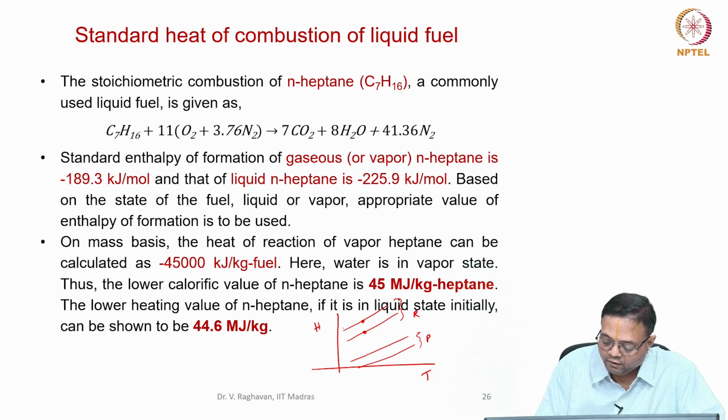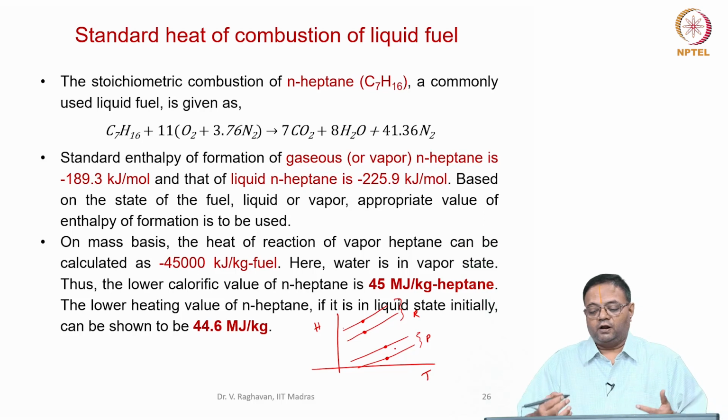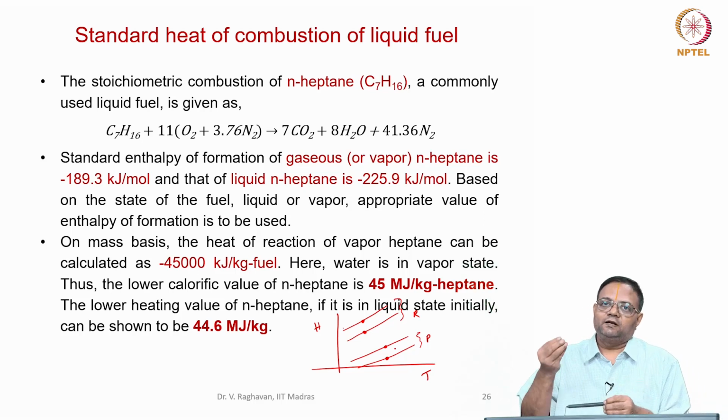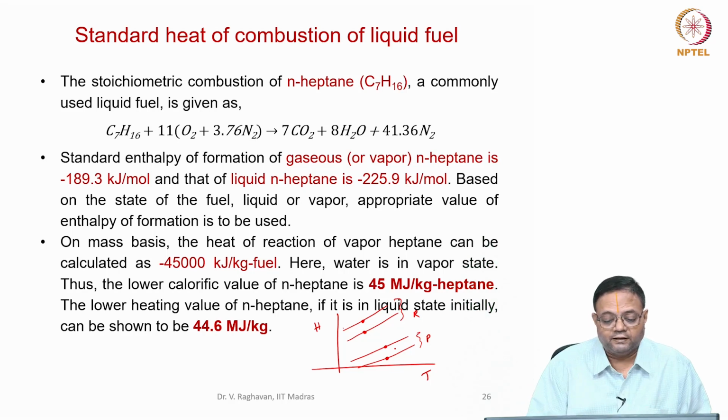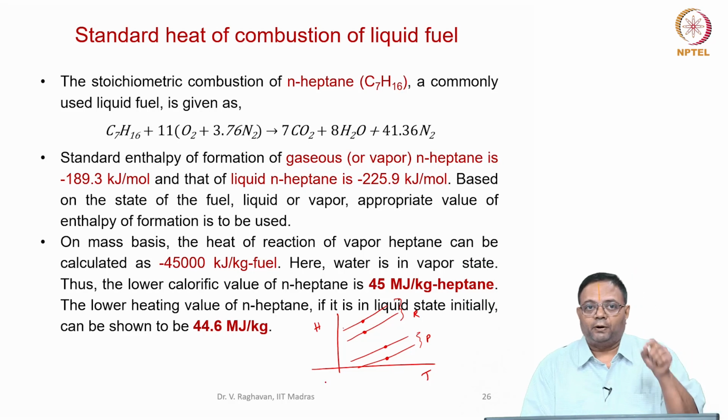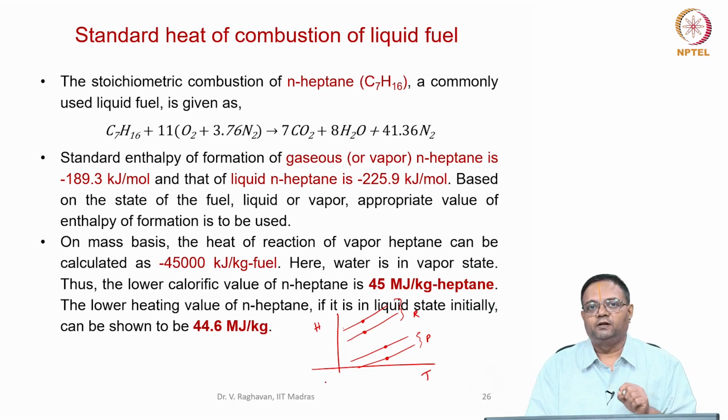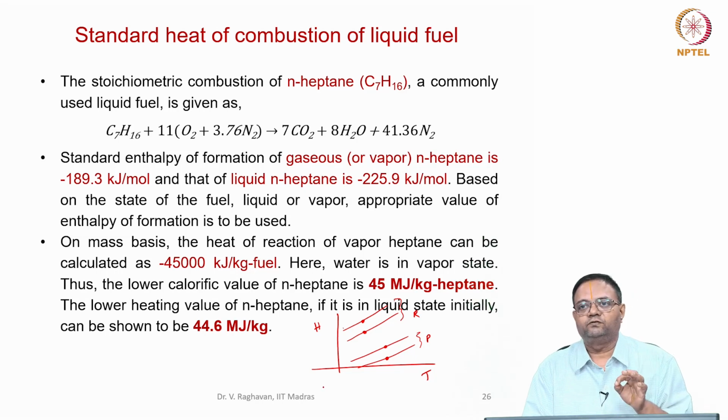Similarly, some product is formed at a particular temperature where the product is in vapor form or in liquid form. Do you understand? So, there are variations. When there is a condensable or evaporable substance present, the enthalpy of formation of that component should be used properly, that is, whether the liquid phase or the gas phase is present.